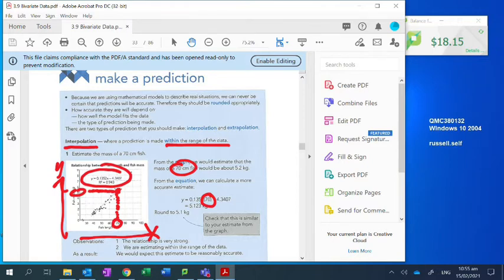Now, notice that they've rounded their answer, and the way you round is always going to be determined by the strength of the relationship. And that's determined by the correlation coefficient, right? Okay? So if it's closer to 1, that means a very strong relationship, yes? Which means that you can leave more decimal points.